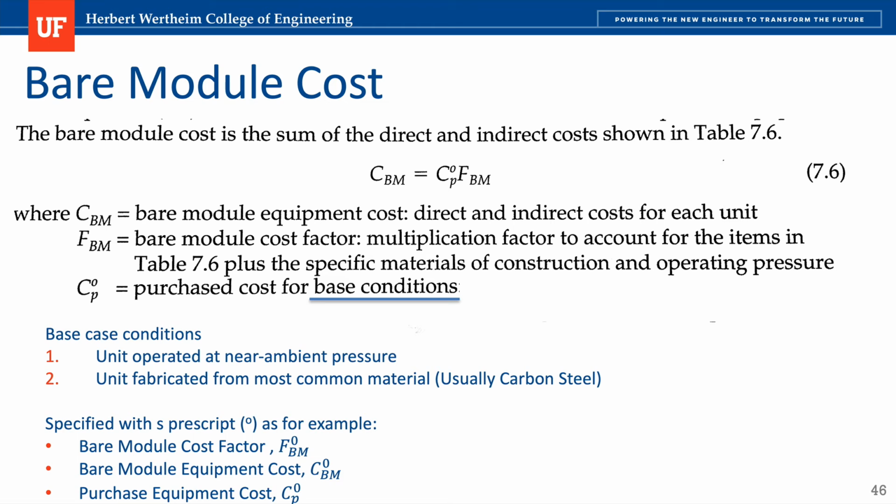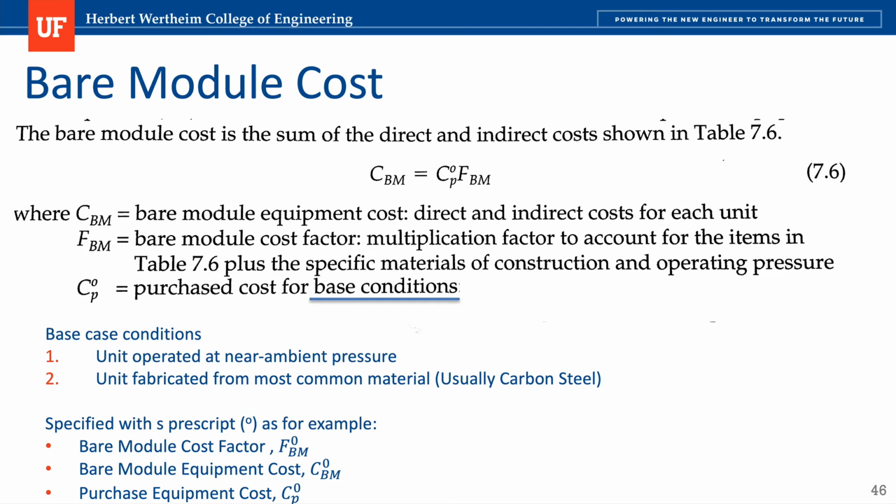So once again, as a recap, I have mentioned this a lot. Base conditions are when units operate at near ambient pressure, with units fabricated from the most common material, and that is carbon steel. Any material that is not carbon steel will be a deviation from base conditions. Therefore, it's going to have a penalty in the bare module factor because we need to calculate a material factor.